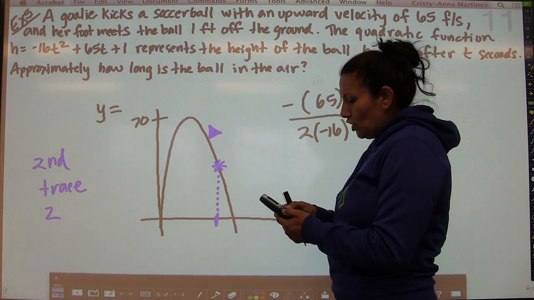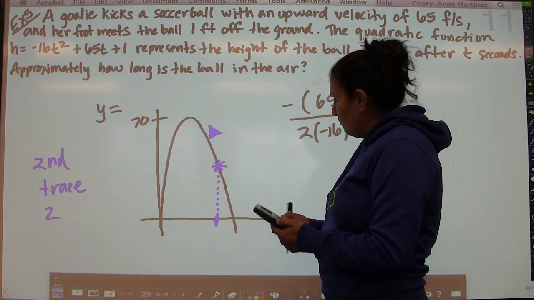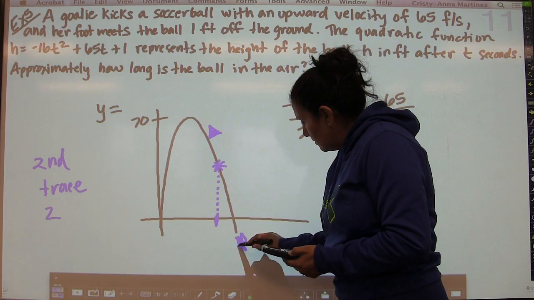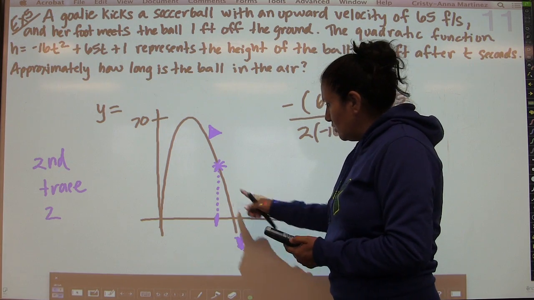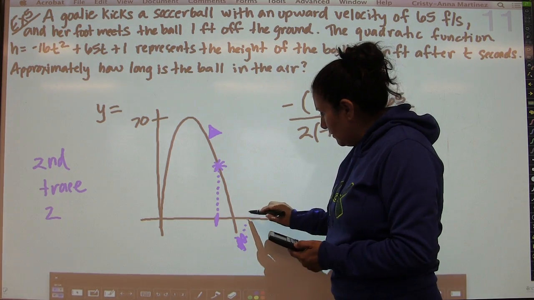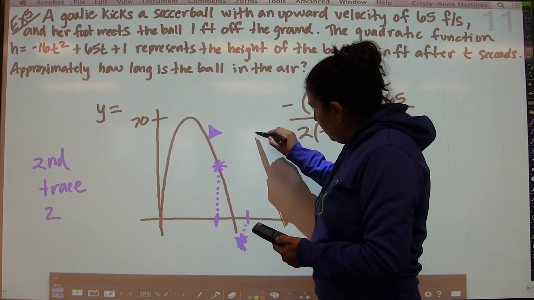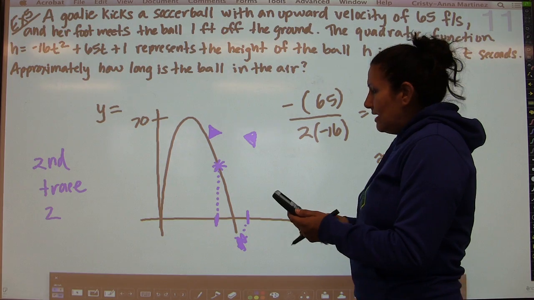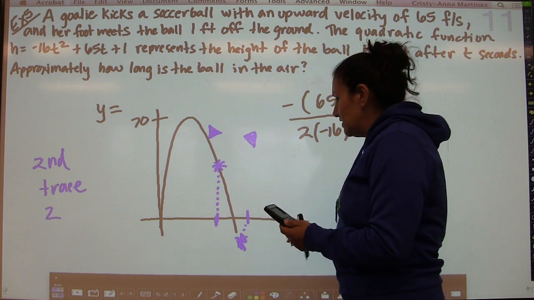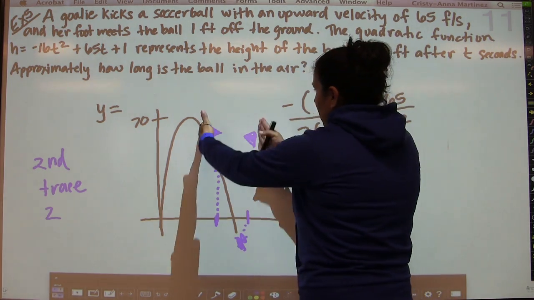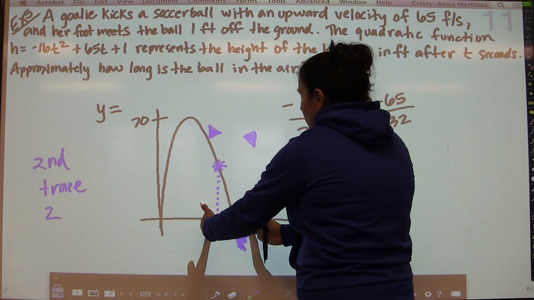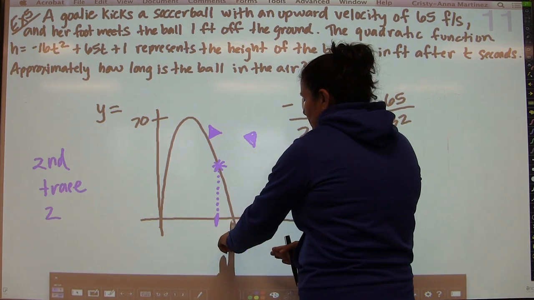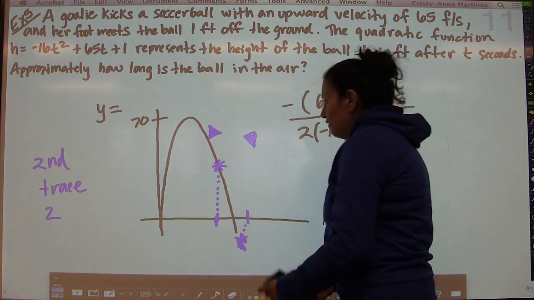So you want to move your cursor until after you've passed the x-axis. So now it's blinking down here somewhere, and it's going to put my other arrow this direction. So I hit enter, and now I should have 2 arrows that are kind of facing each other, and if I were to draw imaginary vertical lines from those arrows, then the x-intercept would be in between them. Okay, so that's the idea.